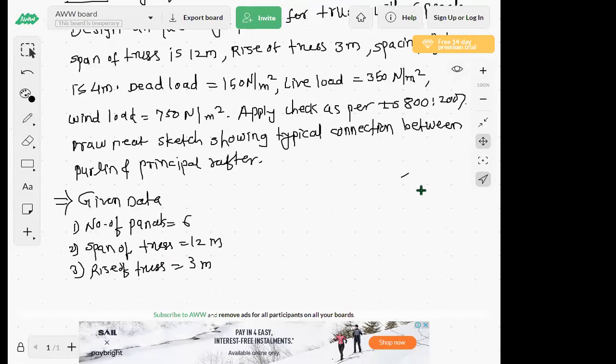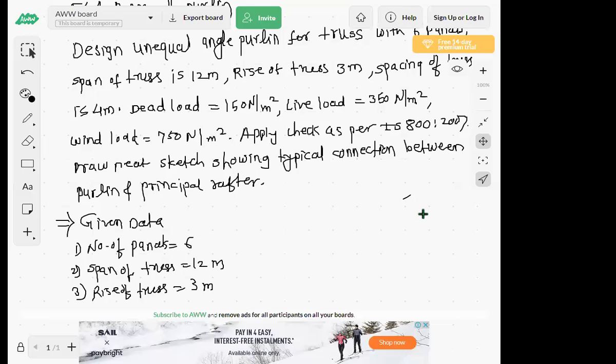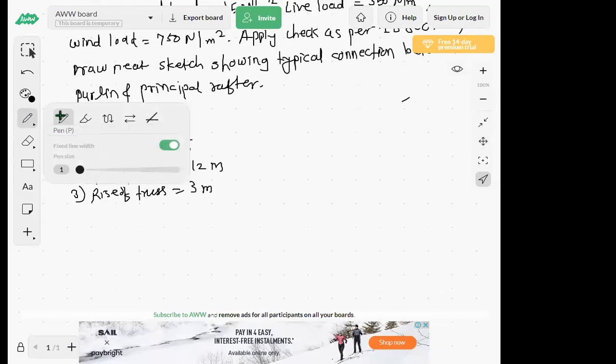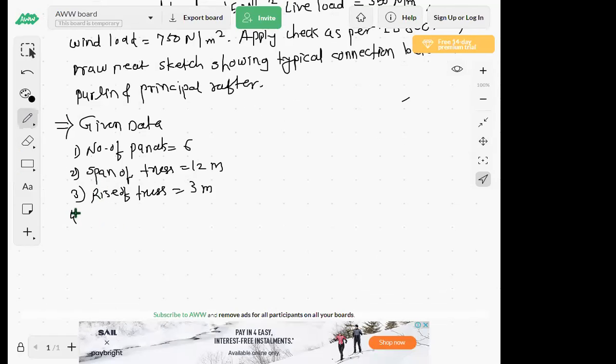What is the next given data? Spacing of truss is again given. Spacing of truss is equal to 4 meter.